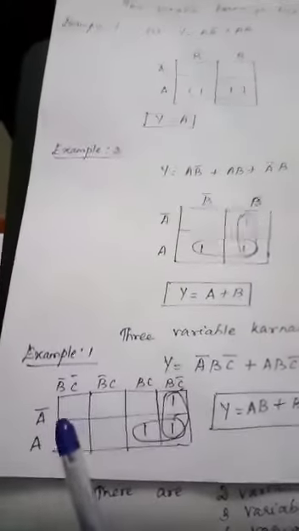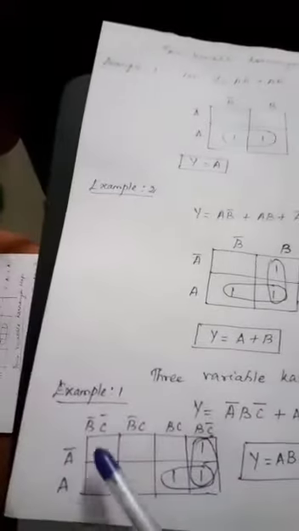Here we have the Karnaugh map with a bar, a, b bar c bar, b bar c, b c, and b c bar. Now we represent each term, first a bar b c bar.